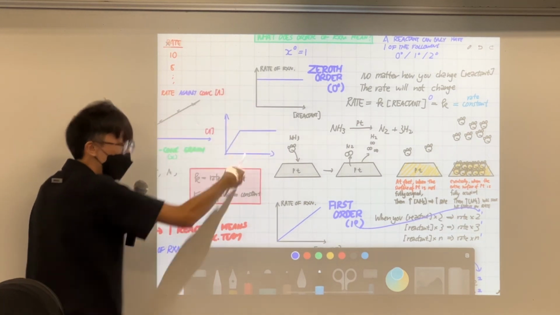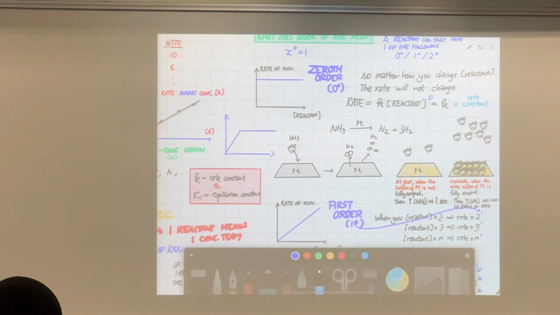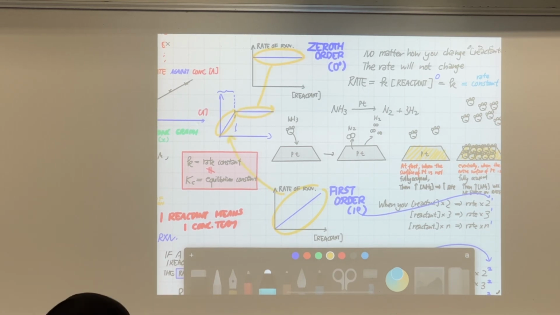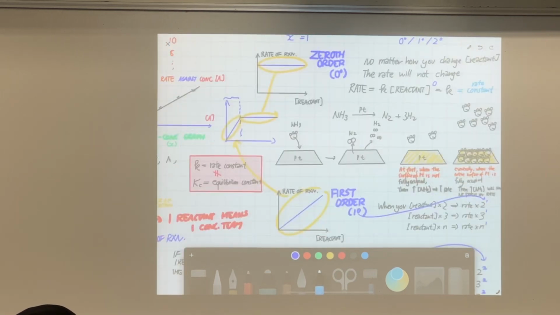So we will have to chop this graph into 2 halves. Can you write down in this first half, what order is this? First order. So you can see this part in here, exactly, right? And then the second half will be zero order. Okay? So the order can change in the middle of a reaction, for some reactions.